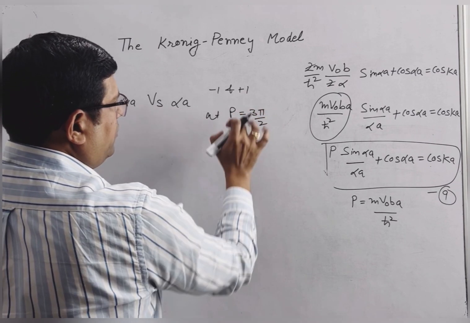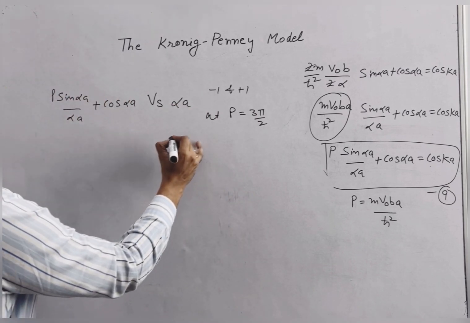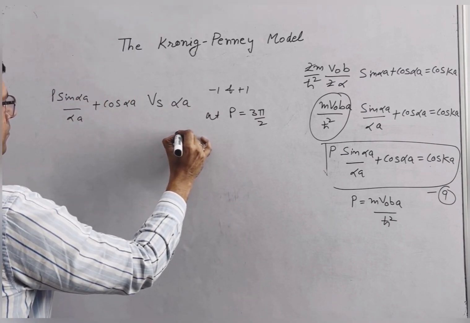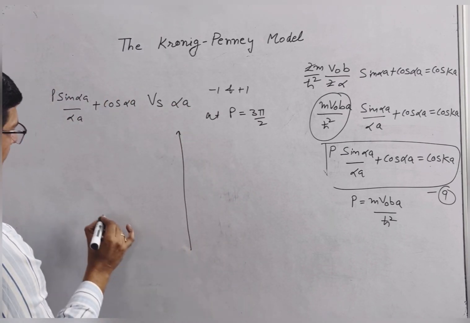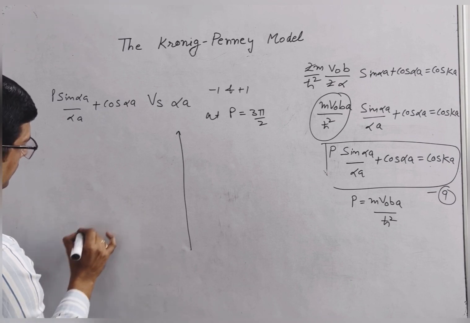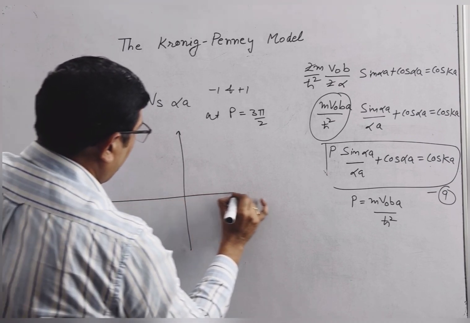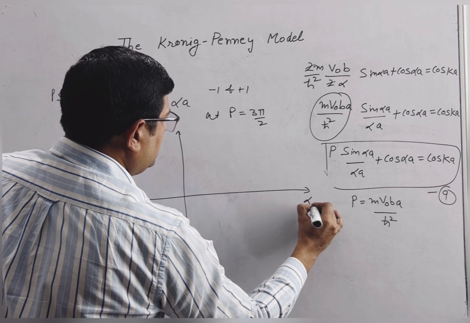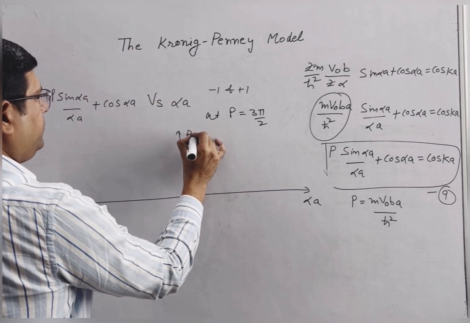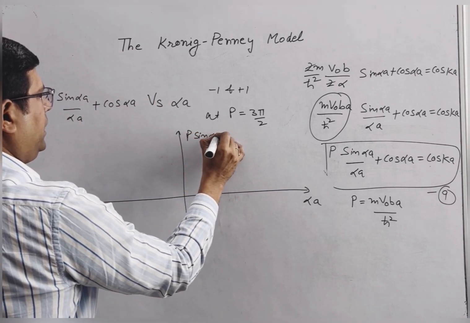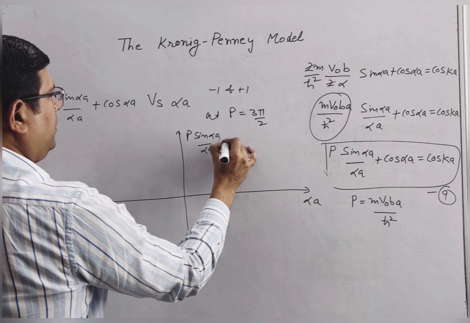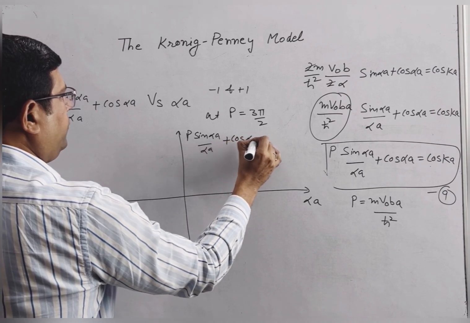This is some intermediate value of P. We get a plot like this: here is alpha a, and this is P sin alpha a upon alpha a plus cos alpha a.